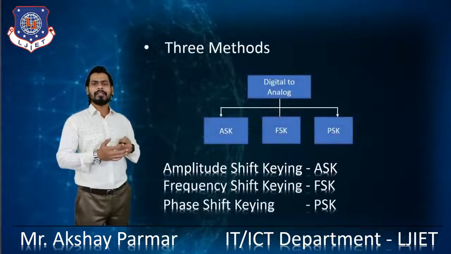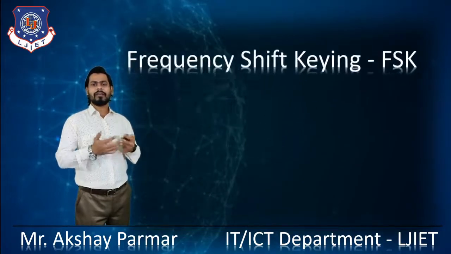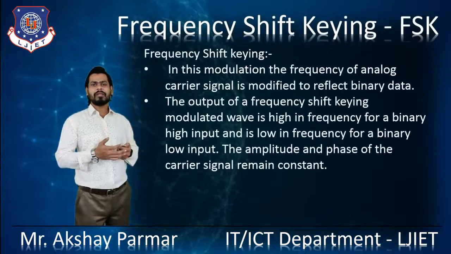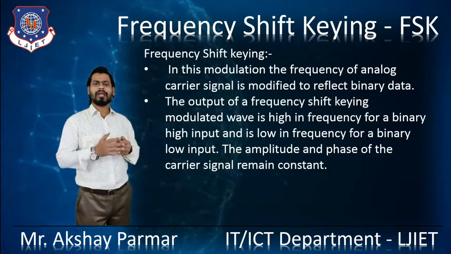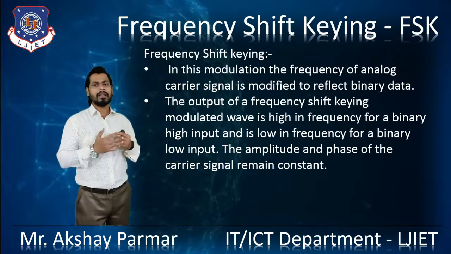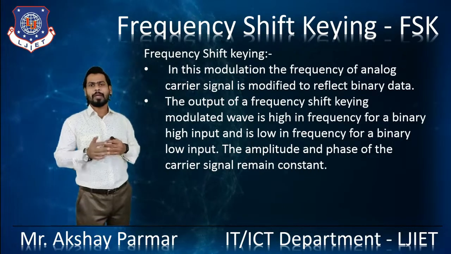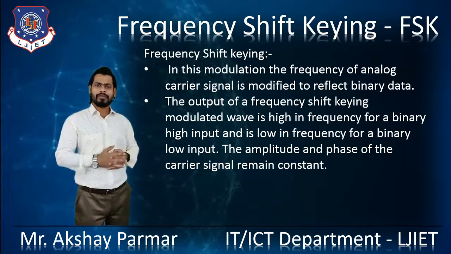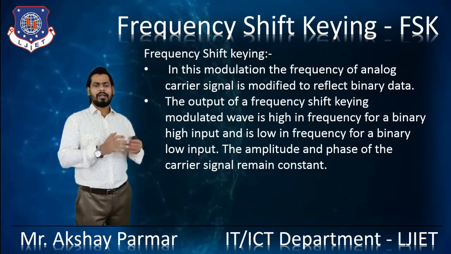After that, let's see another type, frequency shift keying. In this modulation, the frequency of the analog carrier signal is modified to reflect the binary data, right? As in ASK we modify the amplitude, in frequency shift keying we modify the frequency of that analog carrier.